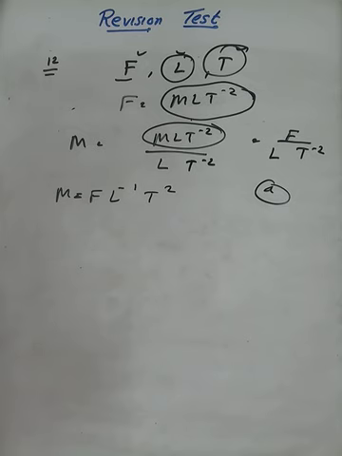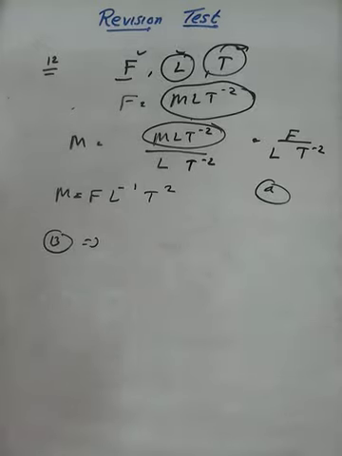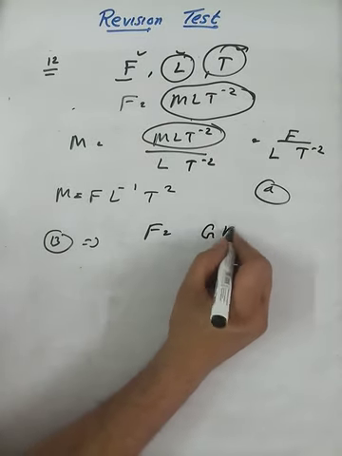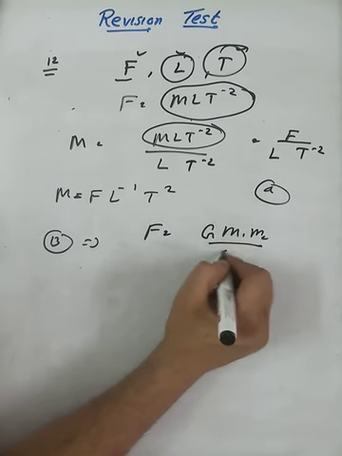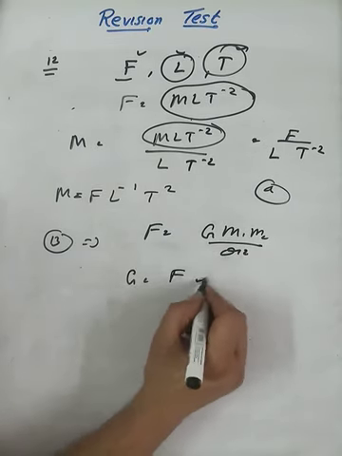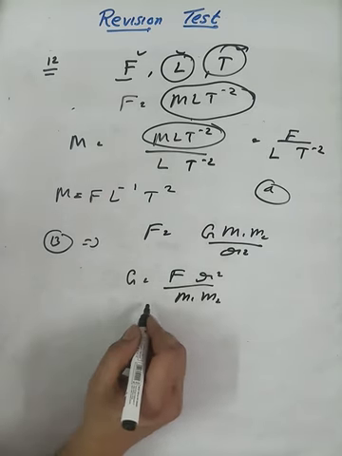Now come to question number 13. Dimensions of gravitational constant G. I think I have already told you in our lecture how to calculate the dimension of G. We can use the formula F equals G m1 m2 upon r square. If we solve this, G is equal to F into r square by m1 m2.